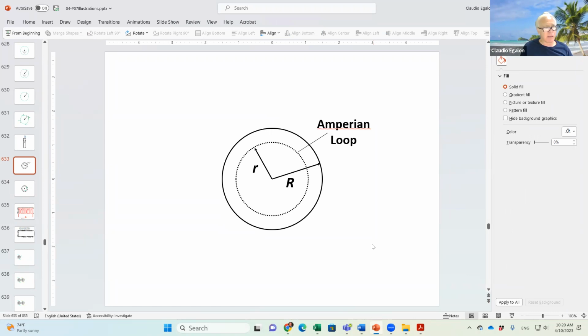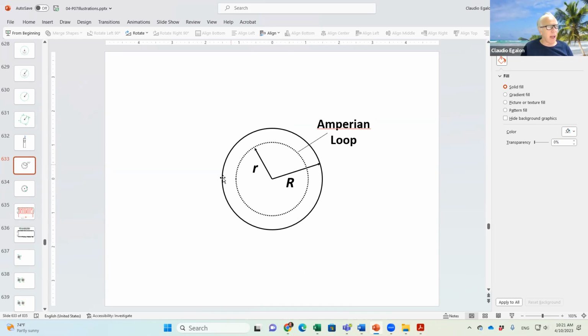It's a problem similar to that other one that we did for the uniformly charged sphere, and also for the uniformly charged cylinder. It's similar, but you use a different formula, okay? But don't forget, here you're going to have less current than if you were to calculate throughout the whole cross section.